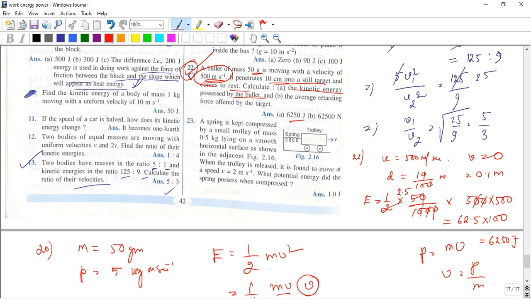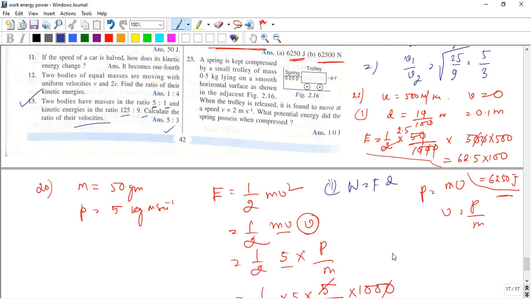Okay, very easy. What is the average retarding force of the target? From Newton's third law, you know that the forces are equal, the retarding force, both are the same. So we have the joules. Now what is the force? Now convert to the force. So very easy. Work done equal to force into displacement.